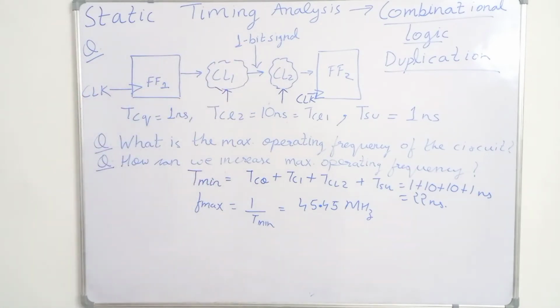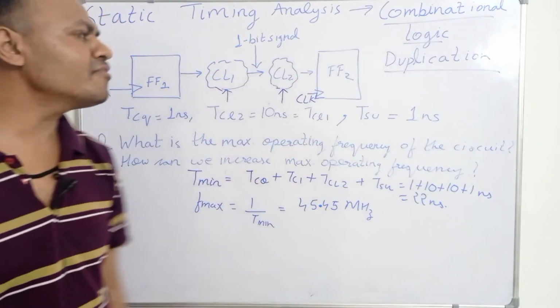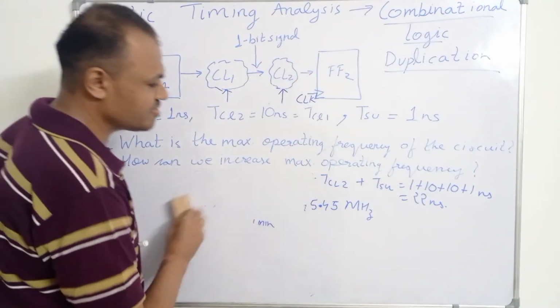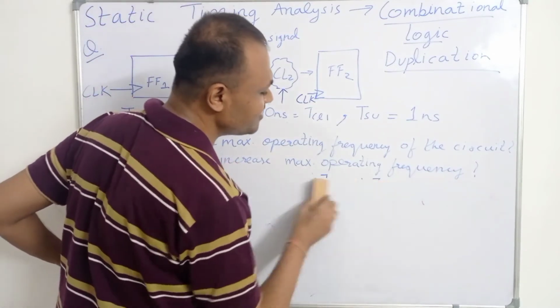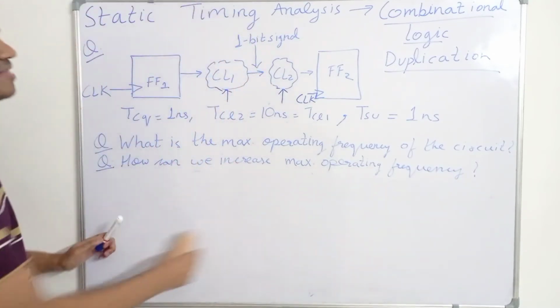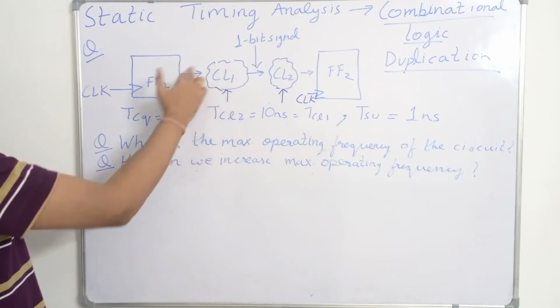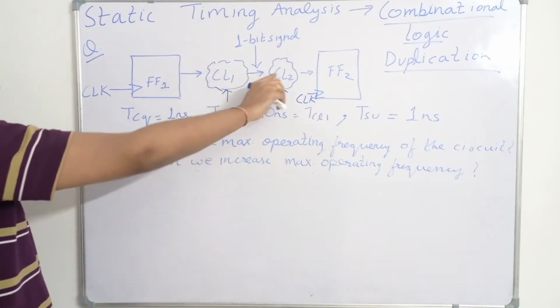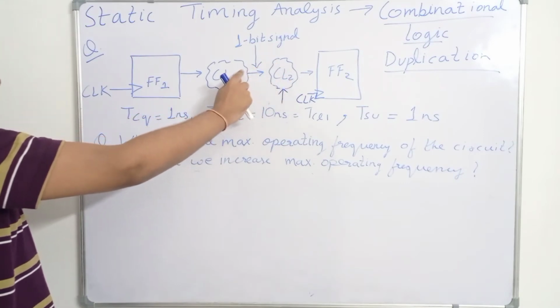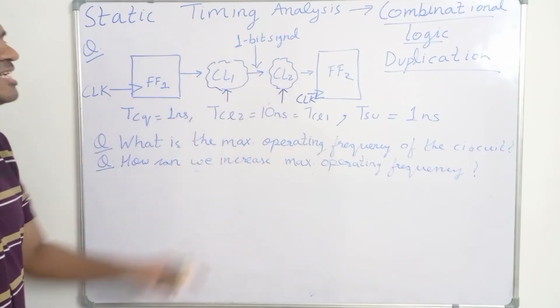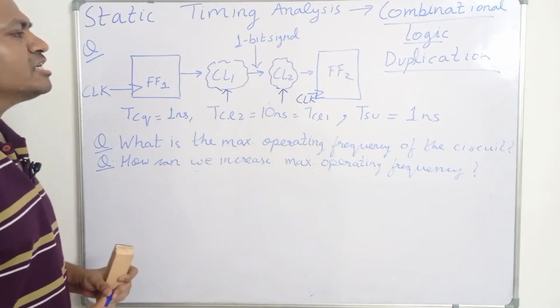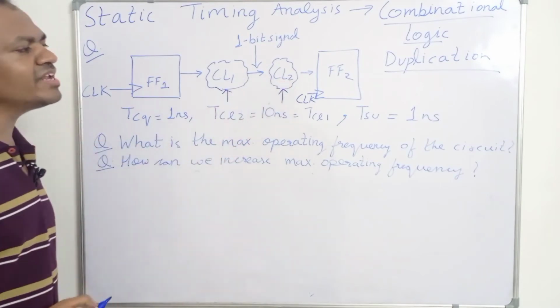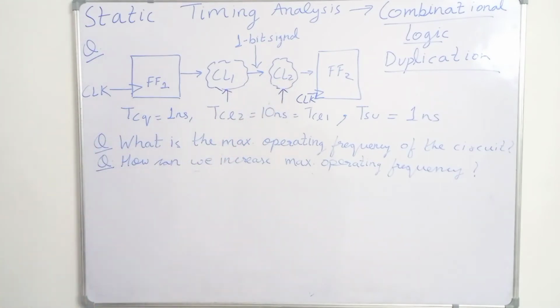Now, we can increase the maximum operating frequency by using the concept of combinational logic duplication. As we can see in this example, first combination logic 1 will evaluate its output, then that output will be fed as input to combination logic 2, and then combination logic 2 will evaluate its output.